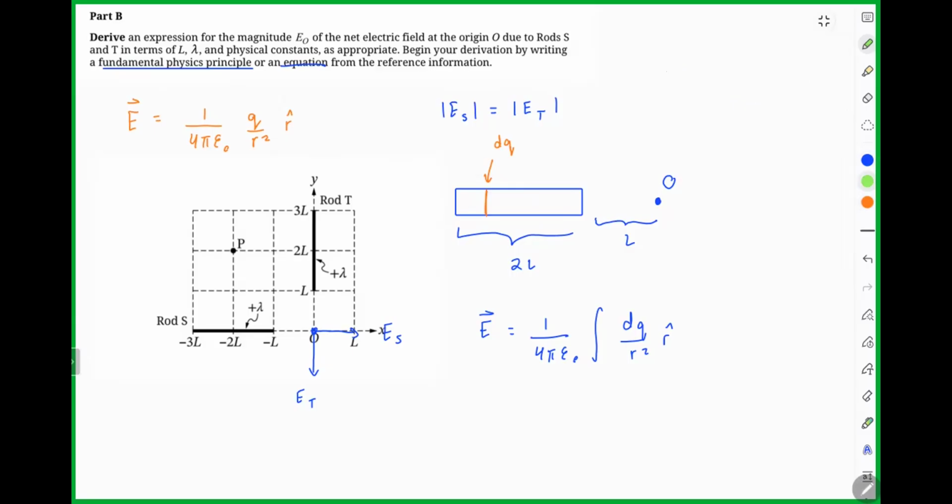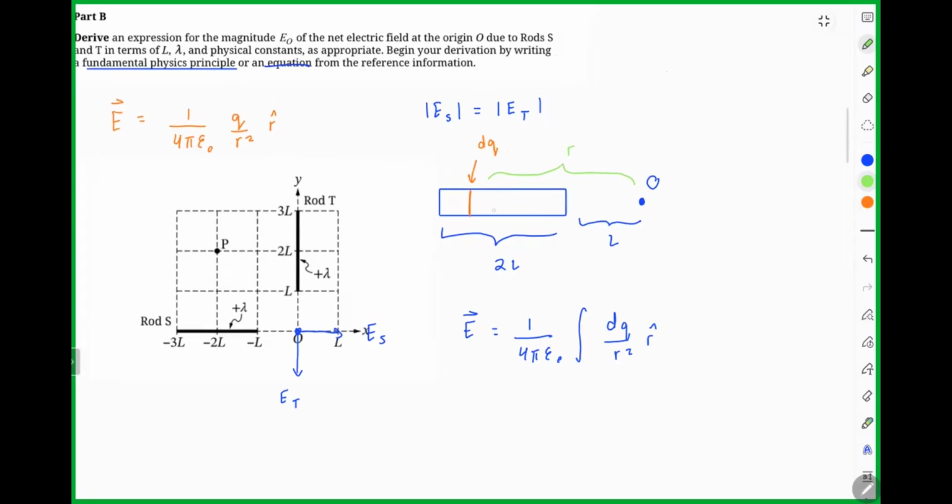But with that, let's break down our process. So for each dq, I'm going to diagram out. I'll indicate that this is the distance of my charge from the point at which I want to compute the electric field. I'll also note the direction of r hat. So r hat is the unit vector pointing from my charge to the point at which I want to know the electric field, right? So in theory, here I've got r hat.